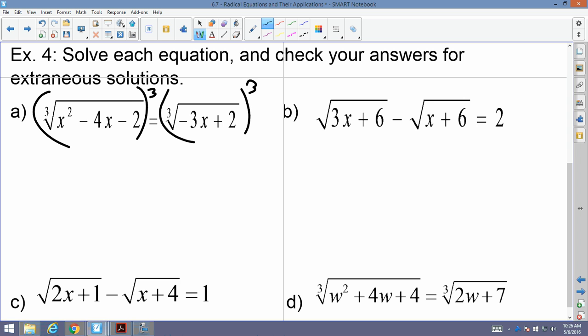So when you cube both sides, you're going to get x squared minus 4x minus 2 equals negative 3x plus 2. Now, how would I solve this? You add the 3x and subtract the 2 to the left. Very good. You're going to create a trinomial.